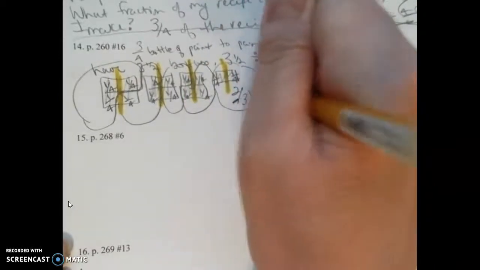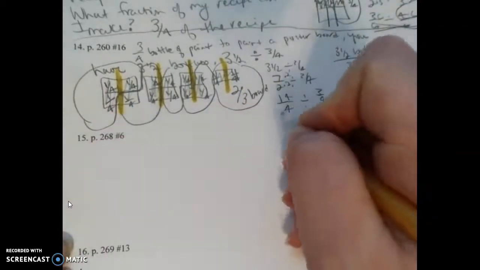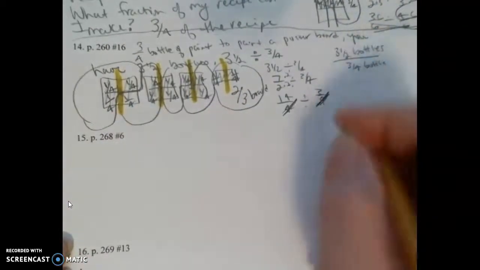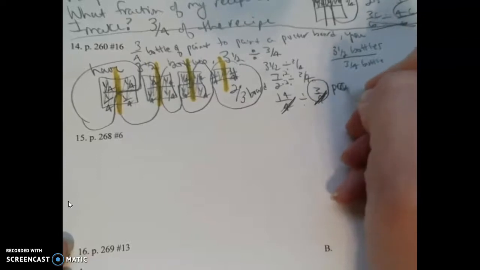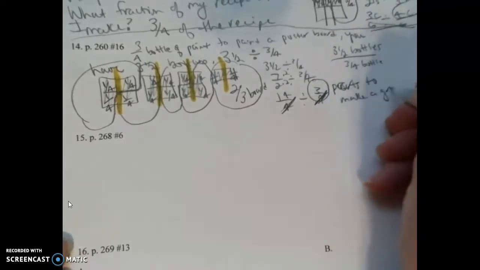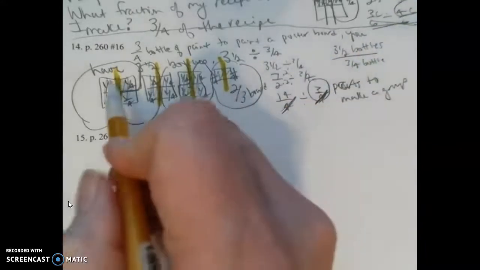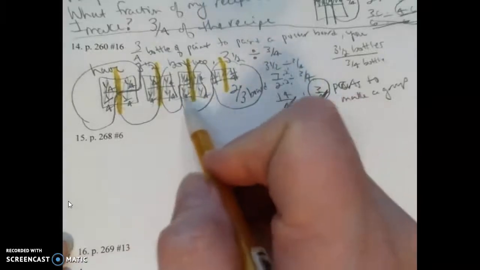And that's what I mean when I say we switch units. I don't care that these little strips are each worth a fourth. Fourth of a bottle cancels. It takes 3 strips, or 3 pieces, or 3 parts if you like that, to make a group or to cover a poster board. So again, there's 1 group, 2 groups, 3 groups, where did I lose my 4 groups?